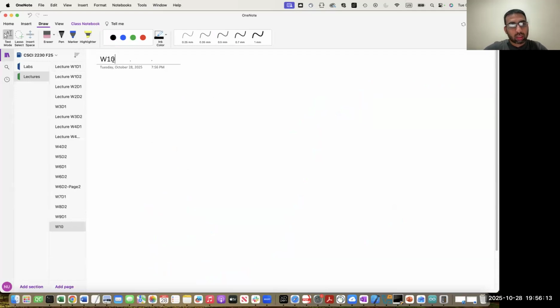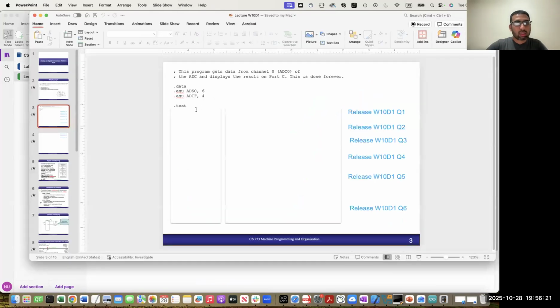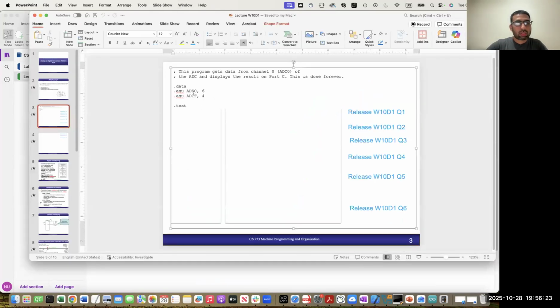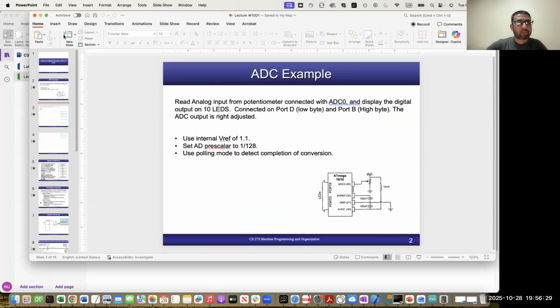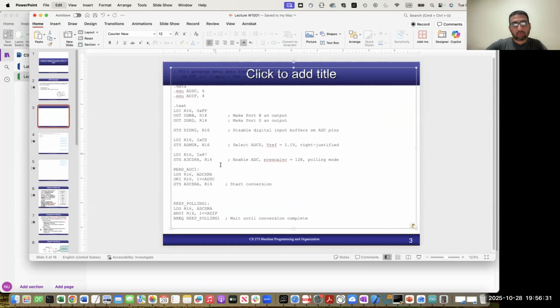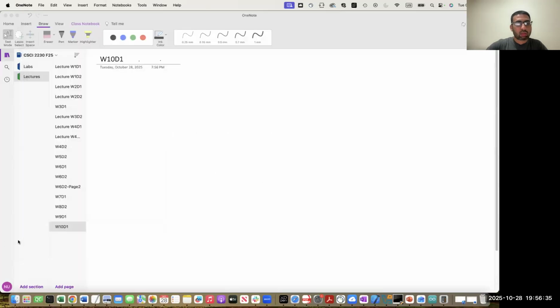So week 10, day 1, right? Let me quickly copy the code snippet. So this was the code snippet, right?